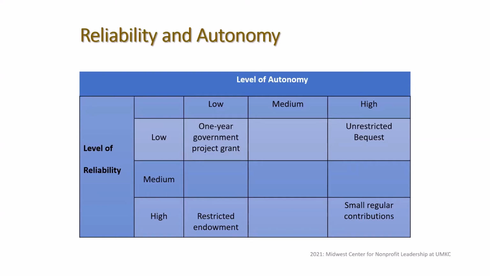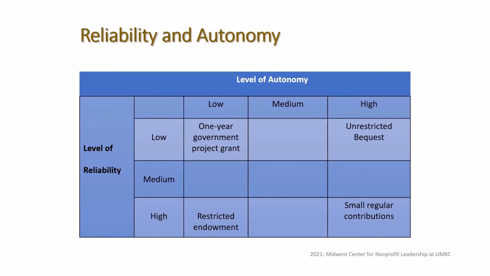That's why everybody wants one. However, very low on the autonomy structure, right? Because of that first slide I put up, where the revenue matrix of the nonprofit sector is so confusing, we tend to get fixated on highly reliable dollars, especially if they're big dollars, at the expense of the autonomy of those dollars.